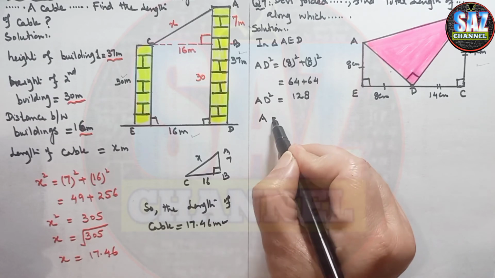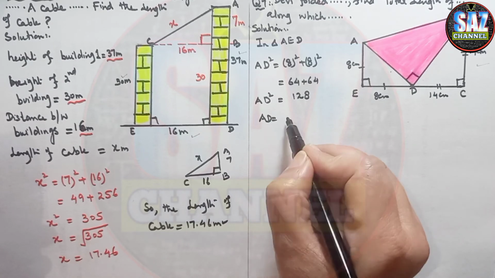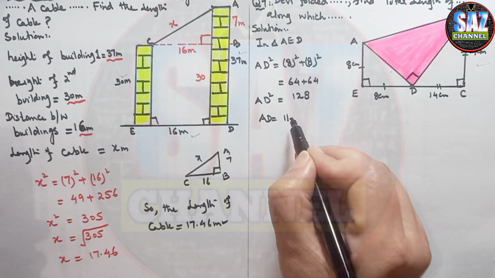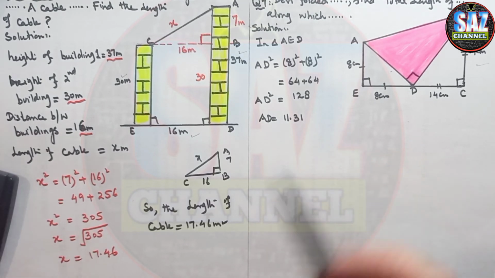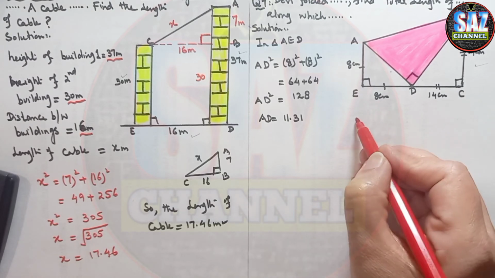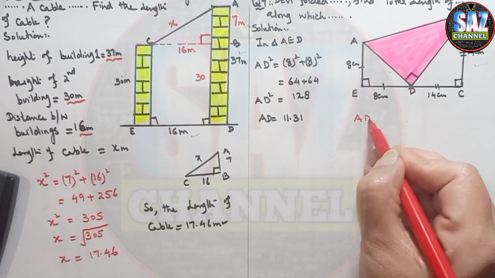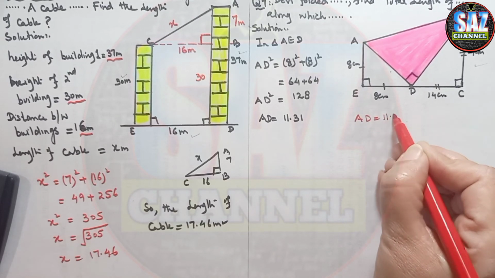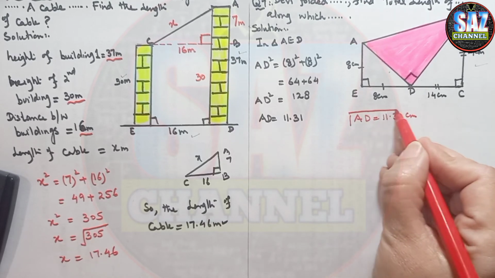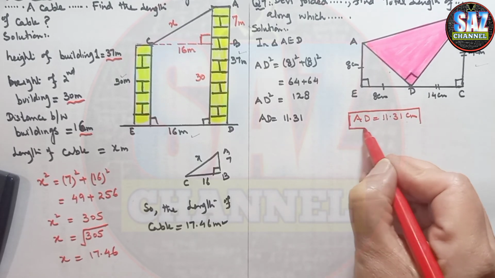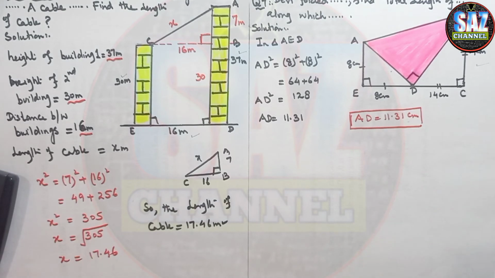So AD equals 11.31 centimeter. Let me mark this answer and keep it for the further calculation.